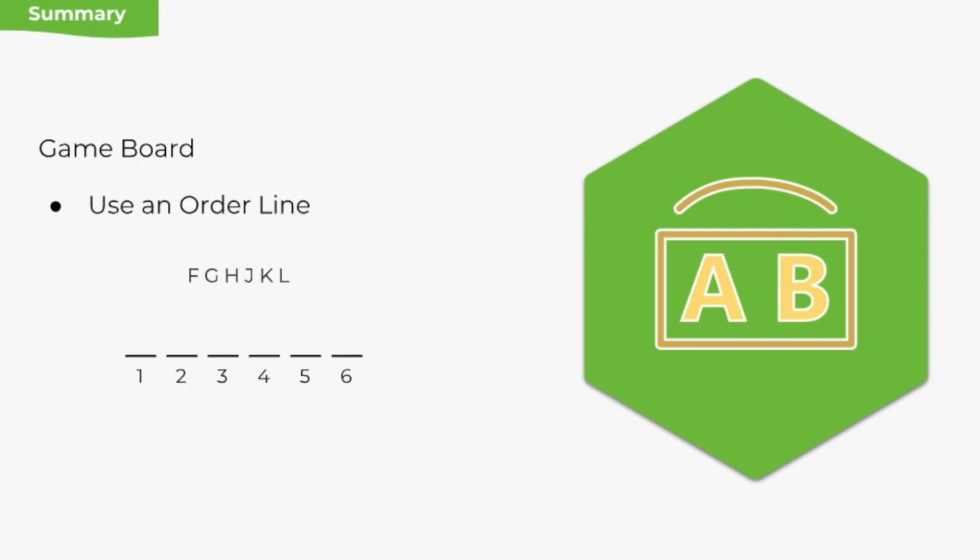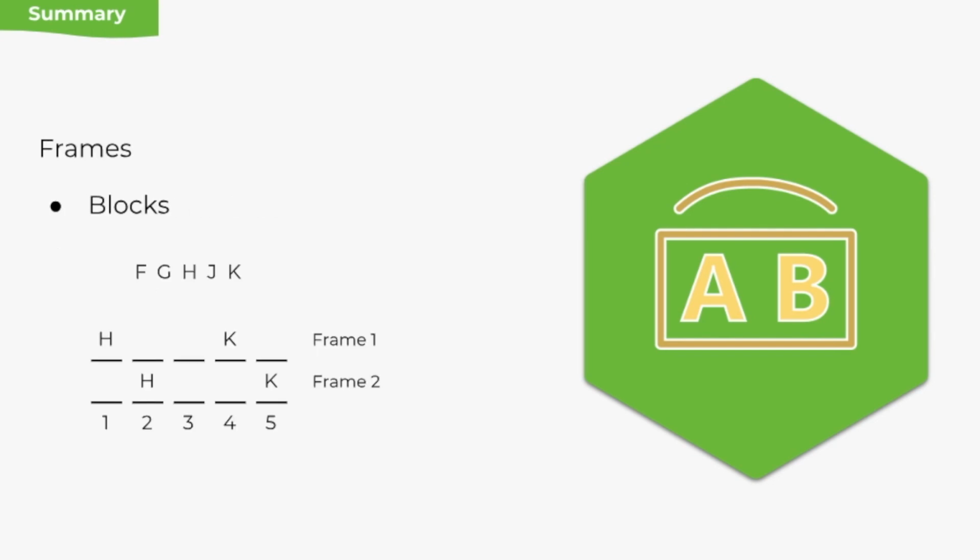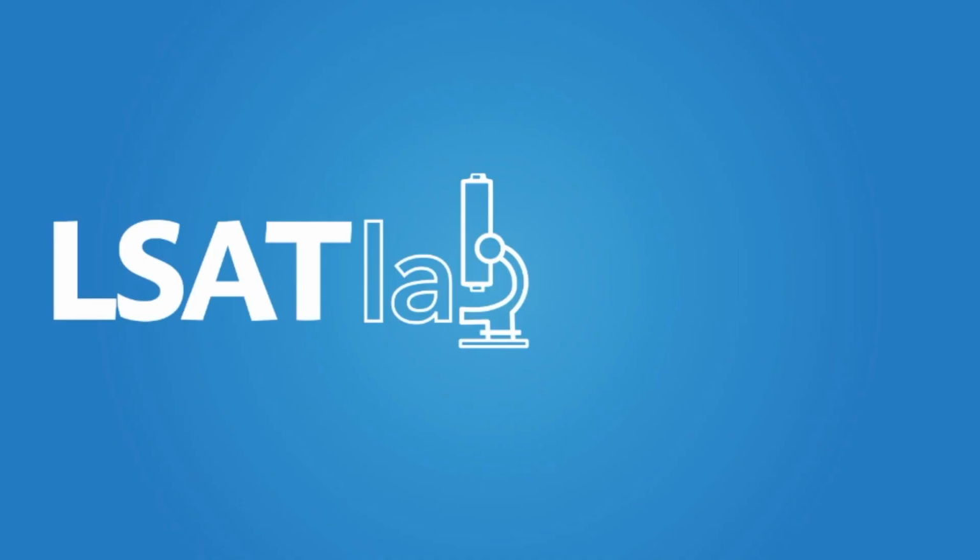And then finally, you want to use an order line as the game board for this particular game type. The rules, you want to be looking out for position exclusions, relative relationships, fixed relationships, and conditional relationships. And for frames, you want to be looking out for blocks that can be limited to 2 or 3 places on the game board. So that's it for standard ordering games.